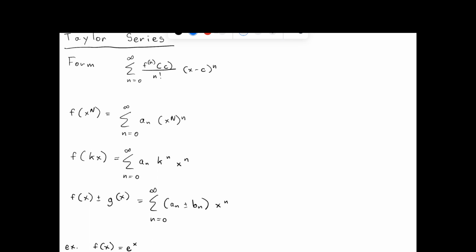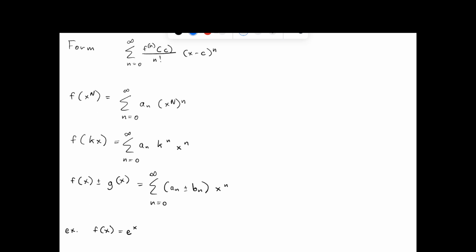If you have a constant k multiplying your x, then you can again evaluate your expression, and the way that's going to affect your sum is that you now have k to the power of n in your sum for each term. And the last common property that I'm going to include here is that if you consider the sum or difference of two functions, then you can express their power series as the sum or difference of their sequences times x to the n.